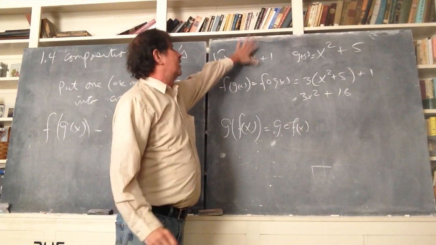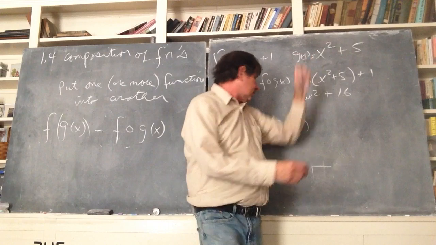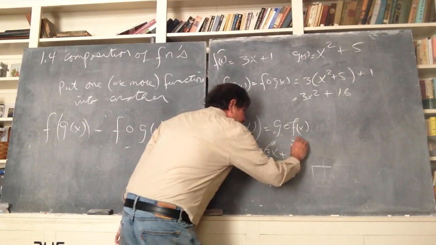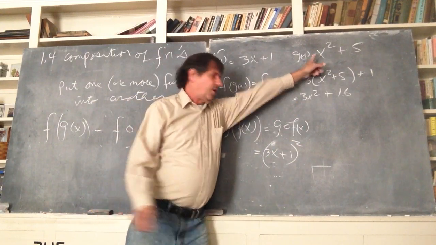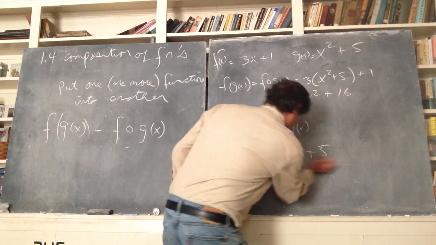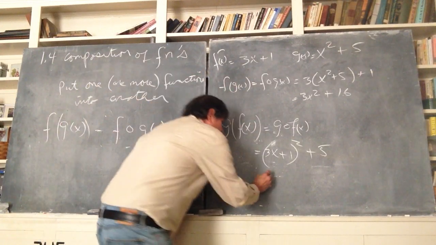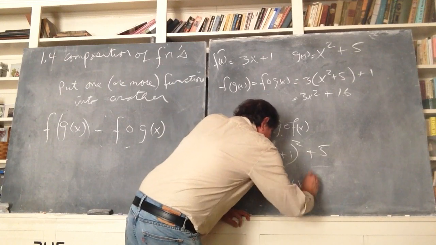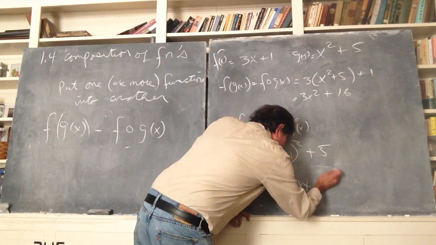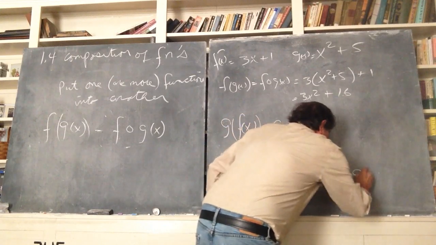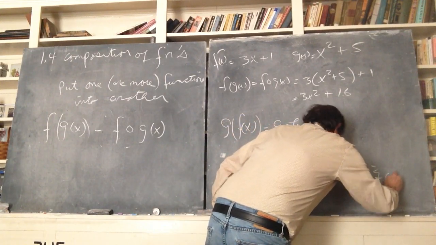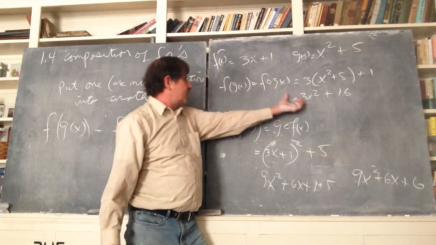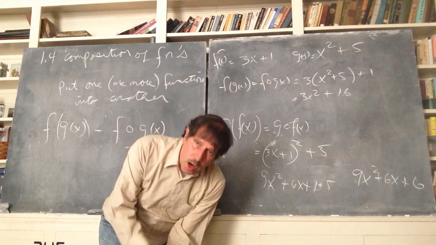What I'm doing now is taking 3x plus 1 and putting it right there. 3x plus 1 squared plus 5. 3x plus 1 squared is 9x squared plus 6x plus 1, plus 5. 9x squared plus 6x plus 6. g∘f at x, f∘g at x. Just putting one in for the other.